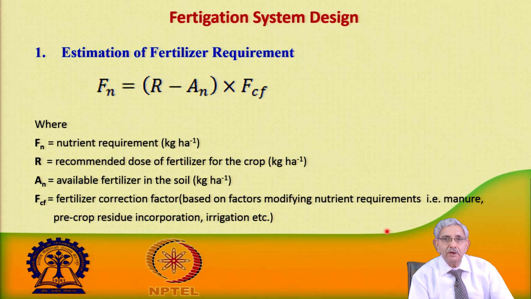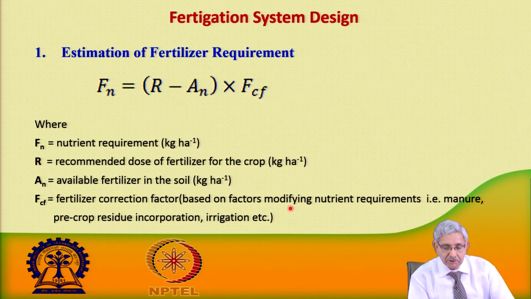Now, when we are talking about fertigation system design, one needs to know what the fertilizer requirement should be, and how to get its value. The fertilizer requirement can be estimated by using this expression, where we take the recommended use of fertilizer minus the available fertilizer, multiplied by the fertilizer concentration based on what concentration is needed.